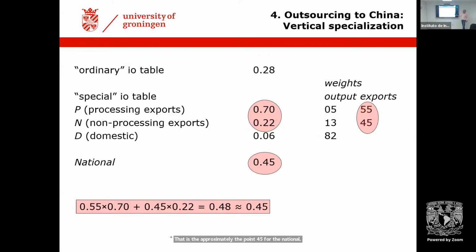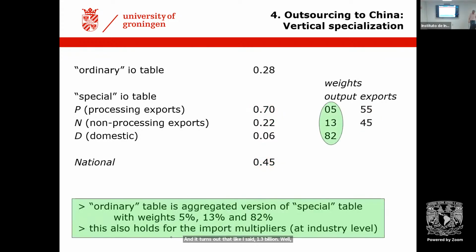However, for this national total in the ordinary input-output table, where everything is combined, use these weights. And it turns out that 1.3 billion consumers have 82% of the final demand. That is what yields the 0.28.